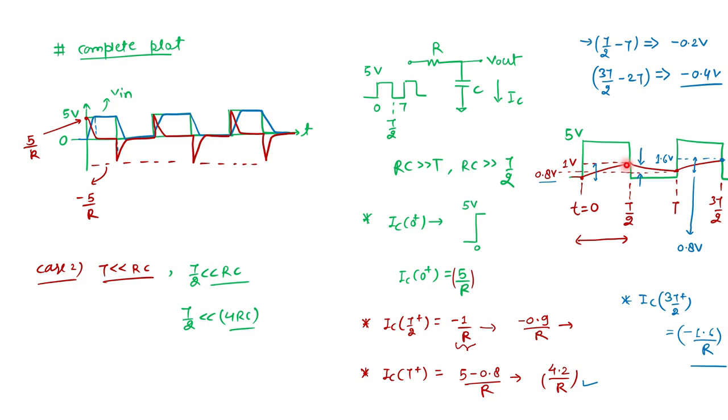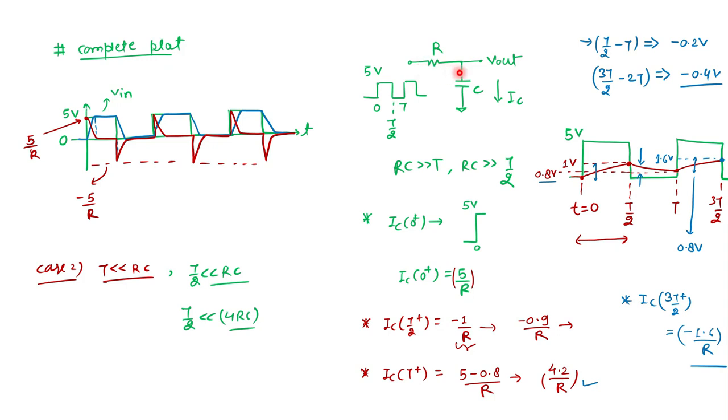And after that, what should be the current at time T? One more thing I should clear here. The initial current is 5 by R, and at T by 2 we reach 1 volt, so the current is 4 by R. After that, at T equal to T by 2 plus, my input excitation is removed.